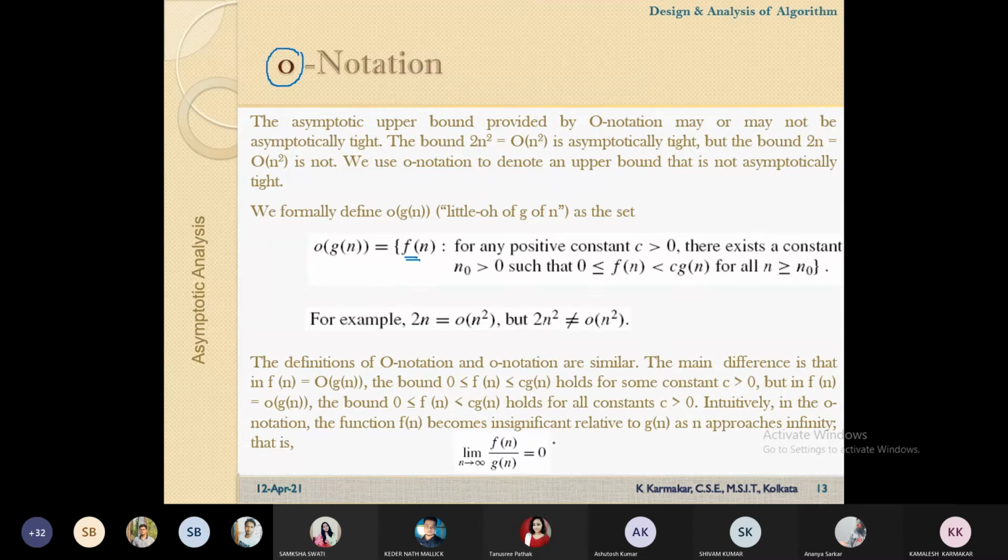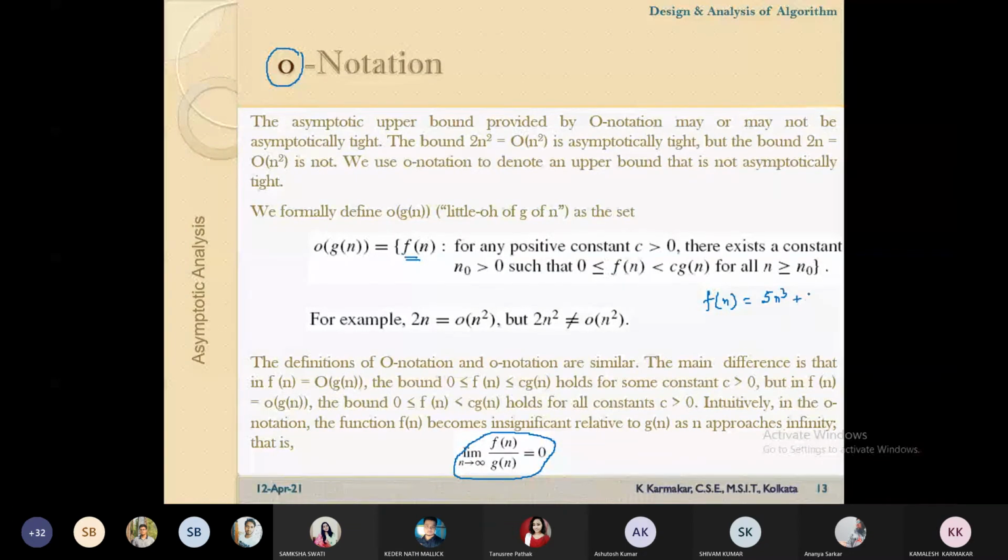If f(n) divided by g(n), in the limit as n tends to infinity, goes towards 0, becomes very close to 0 or can be represented as 0, then we represent this function as small o of g(n).